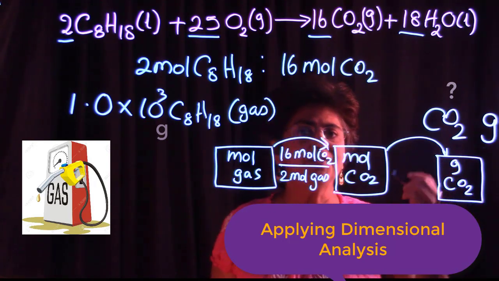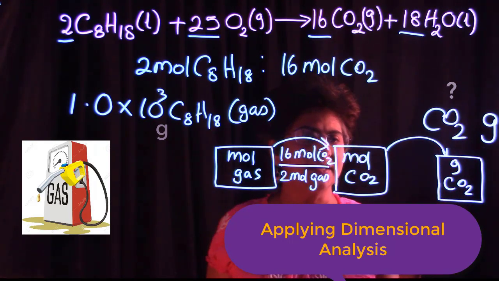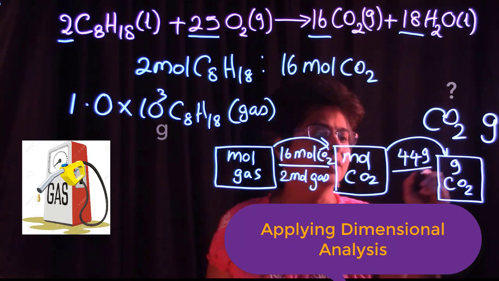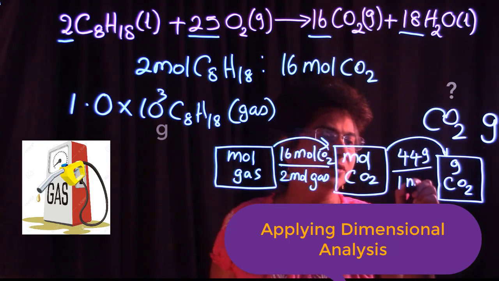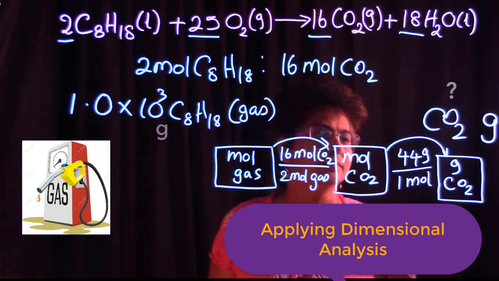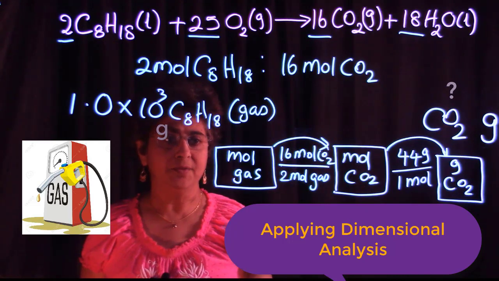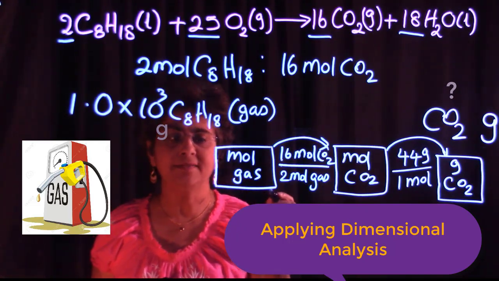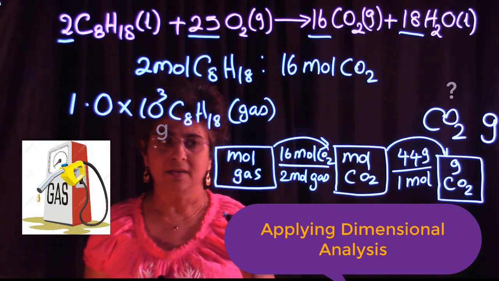I can simply use the molar mass of carbon dioxide, that is 44 grams of carbon dioxide over 1 mole as the conversion factor.